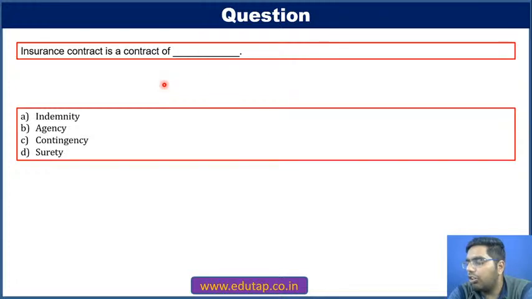Insurance contract is a contract of dash. Okay, the correct answer is A.